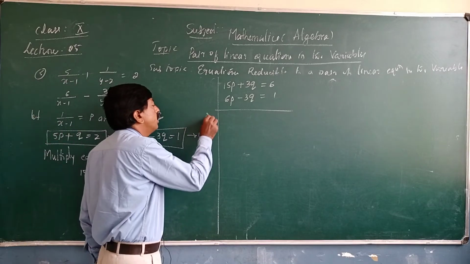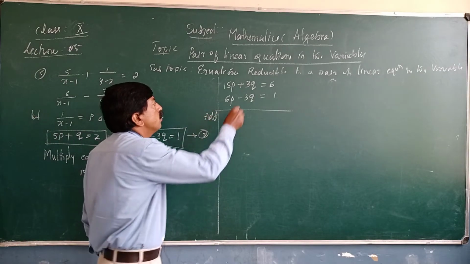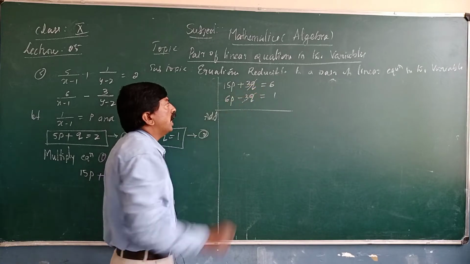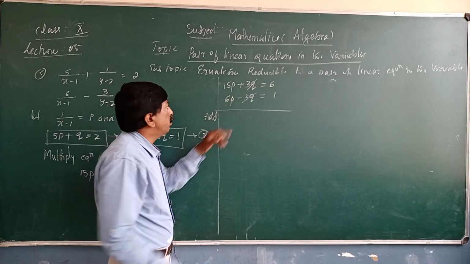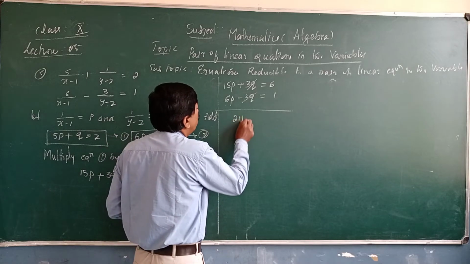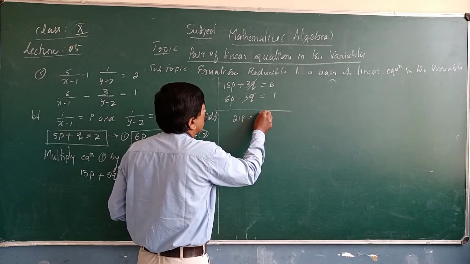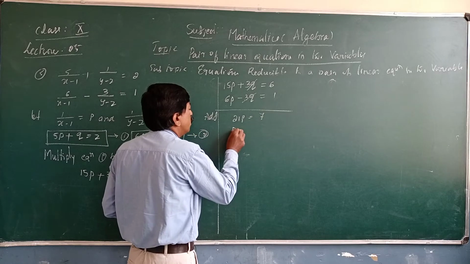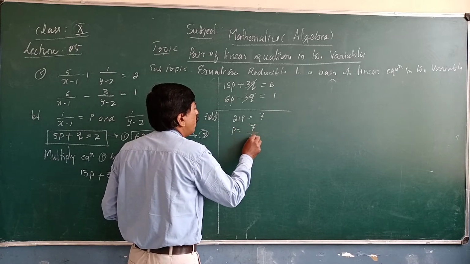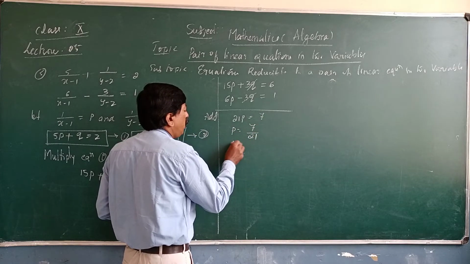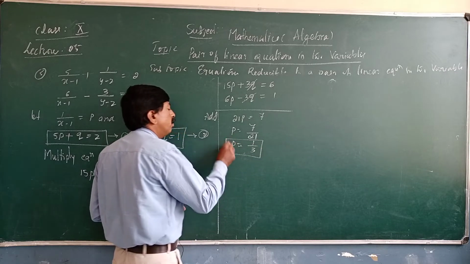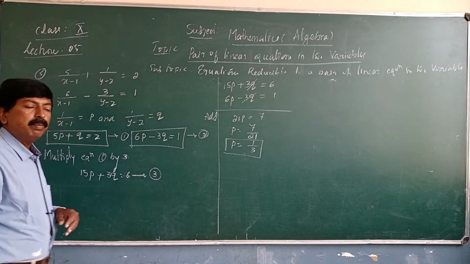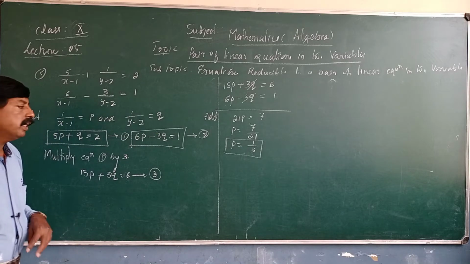Yes, we can add these two. So 3q minus 3q cancel. 15p plus 6p is 21p is equal to 6 plus 1, 7. So p is equal to 7 by 21, which is 1 by 3. We got p value 1 by 3.